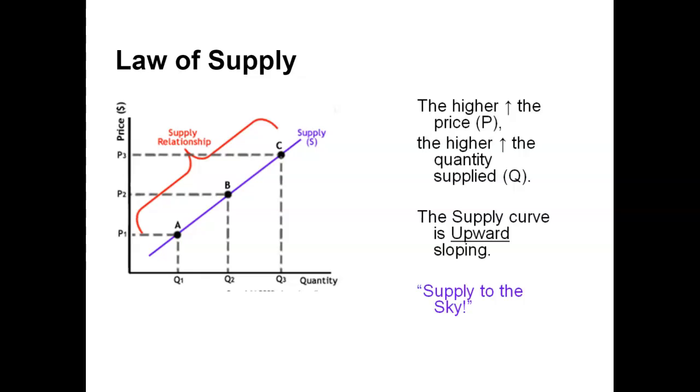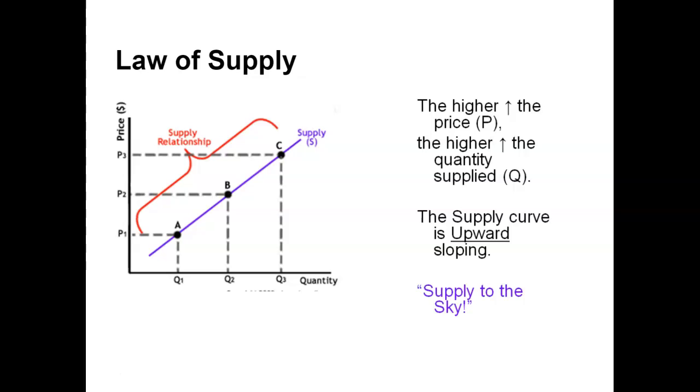The law of supply is pretty much the direct opposite of the law of demand: the higher the price, the higher the quantity supplied. It's kind of like the higher the quantity that a company is willing to make.